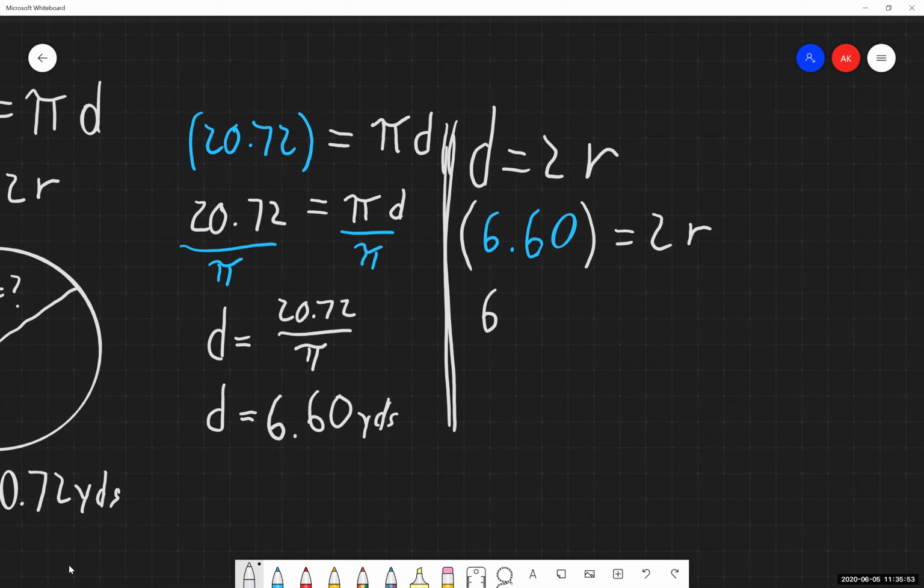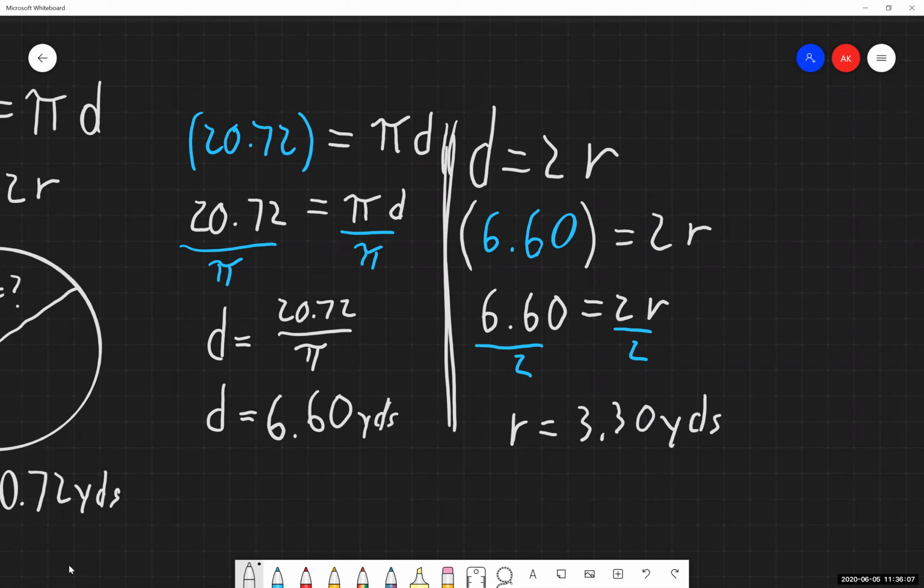So now I'm just trying to get the radius all by itself, dividing both sides by 2. And I'm getting that the radius is 3.30 yards. And there we go.